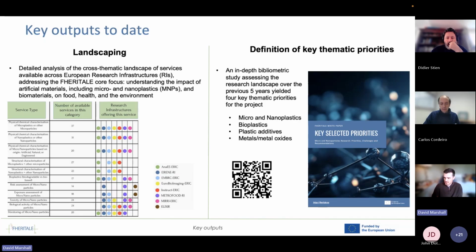And then based on these, we conducted a detailed analysis and generated this landscape and directory of services that are available across European research infrastructures that address these core focuses.